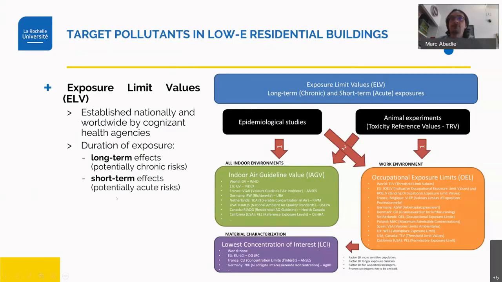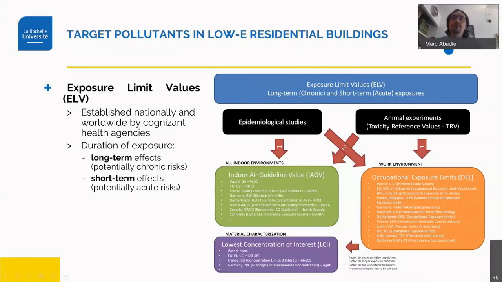I won't go through the whole figures here, but the other thing to know is there are mainly two kinds of exposure limit values: the one for the long-term effect, which potentially implies a chronic risk for people's health, and the short-term effect. Long-term is the whole life, 1 year, something like that.